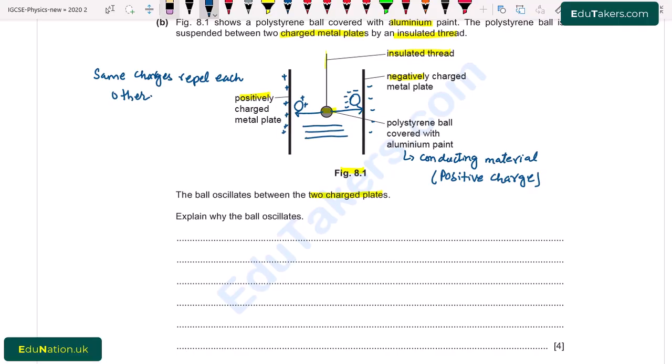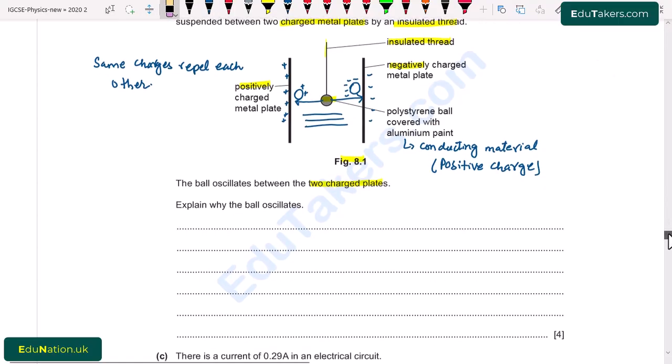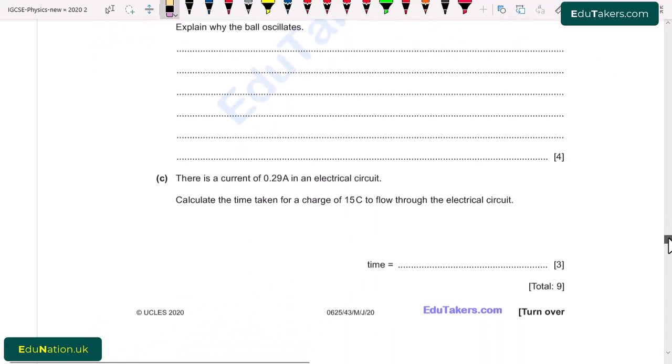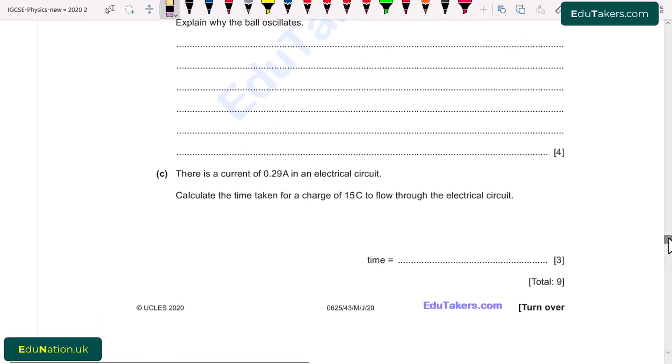So I write here, we have to explain the reason. First I will write about when the ball moves towards the positively charged plate.